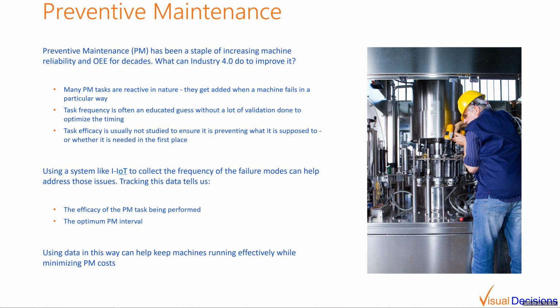But we can also experiment with the PM interval to see if that generates additional failures in the process and so forth, so that we can utilize this data to optimize which tasks are being performed and how frequently they're being performed over time. Using data in that way helps to keep the machines running effectively while also minimizing those PM costs.